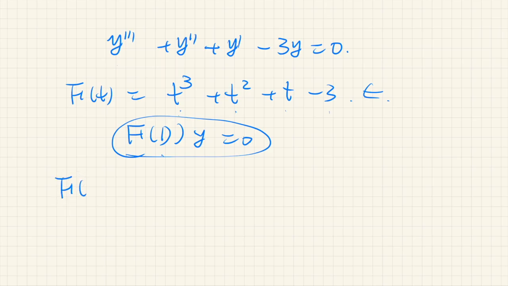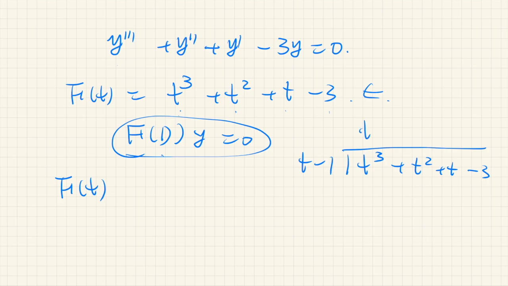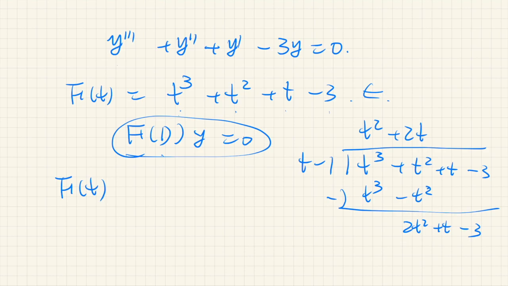If you do that, let's do it here. t minus 1 should be one of the factors, so t squared, and 2t squared plus t minus 3, and 2t, and minus 2t.